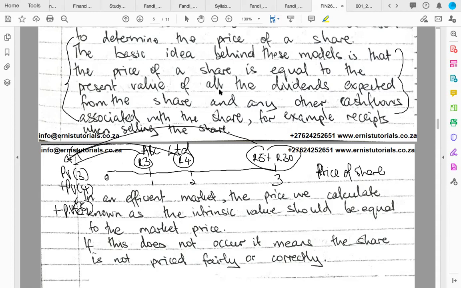In other words, if we want to determine the price of a share, we simply need to find the present value of all the dividends that we expect to receive from the share, and also any other cash flows that we expect to receive from the share, and then we add them up.